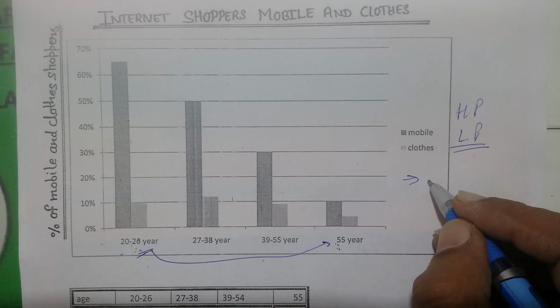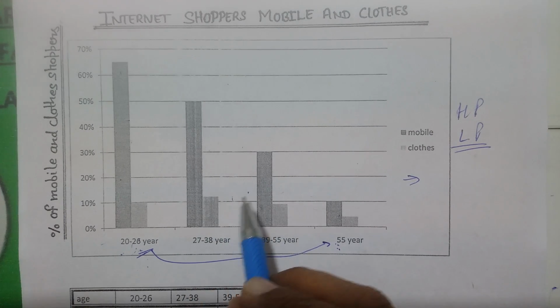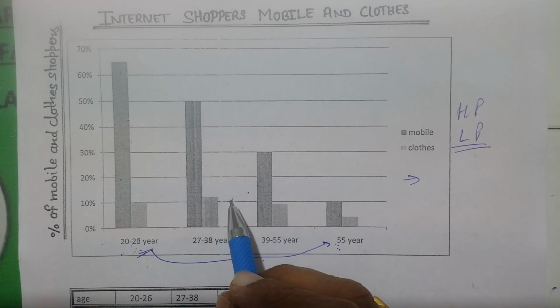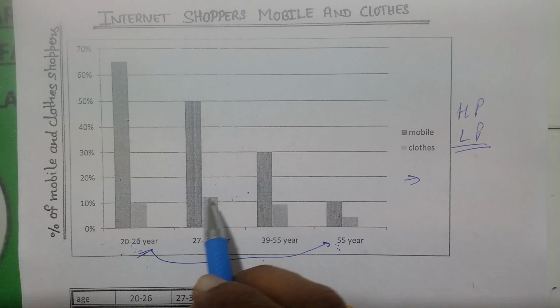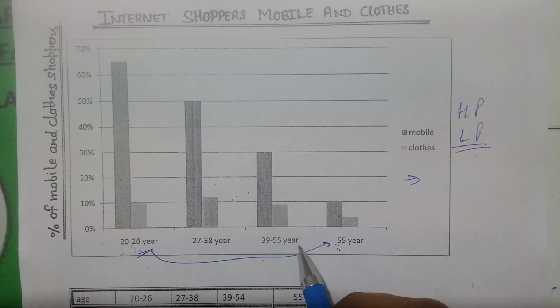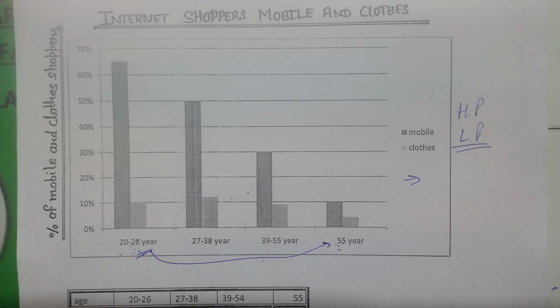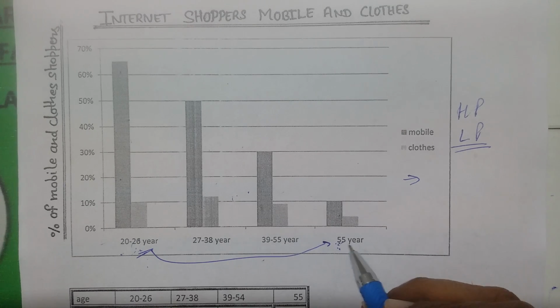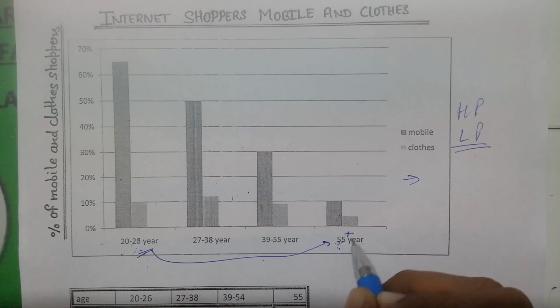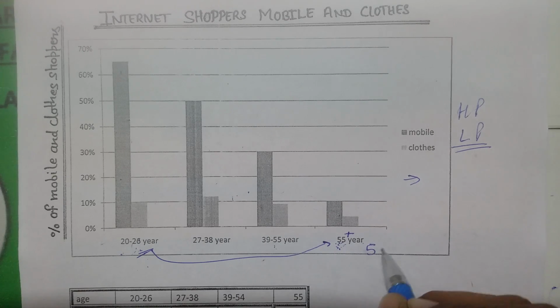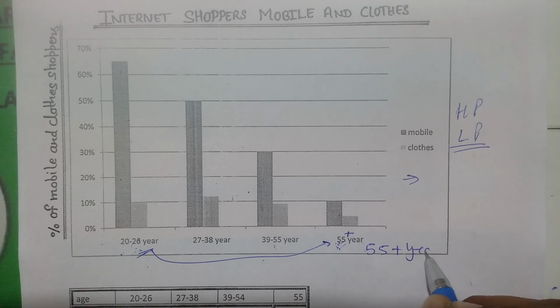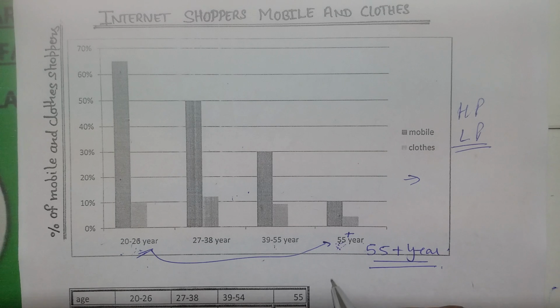Yes, these younger people like more to purchase online, or on the internet, than this one. You can say 55 year plus, it should be plus here, 55 plus age group, right? Because 55 is given here, it may be a misprint, so correct it please. It is 55 plus age group, fine.